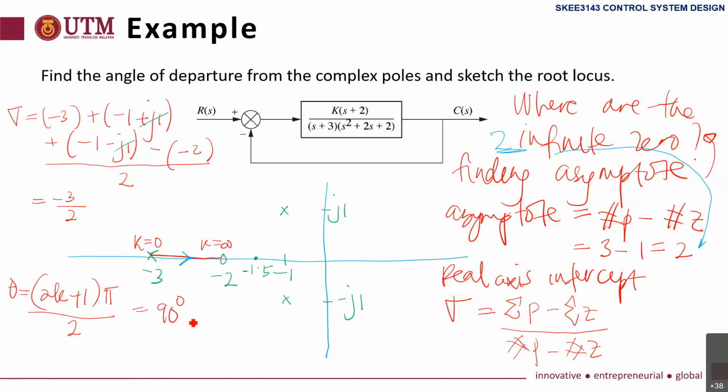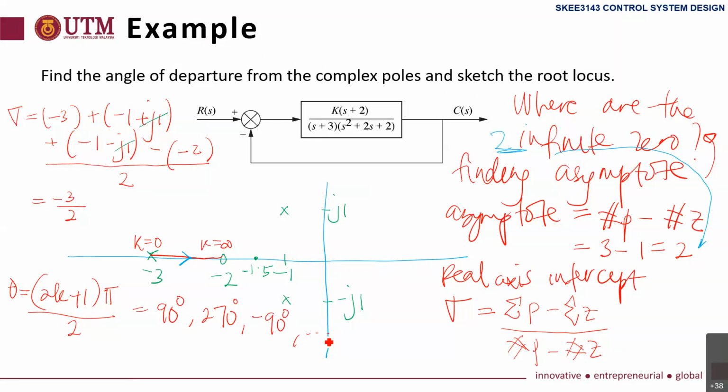When k equals 1, that means 3 over 2 pi, 270 degrees. If you put k equal to minus 1, it will be minus 90 degrees, and so on.